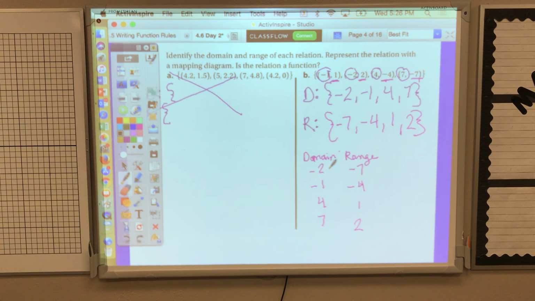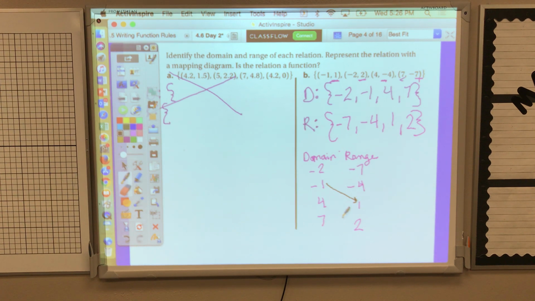So if I look at my ordered pairs, I'm actually going to start with the first one. Erase those so we can see them better. It was -1, 1. So from -1, draw an arrow to 1.